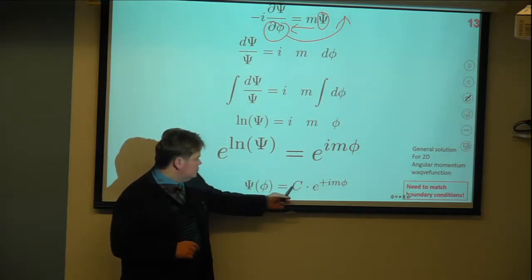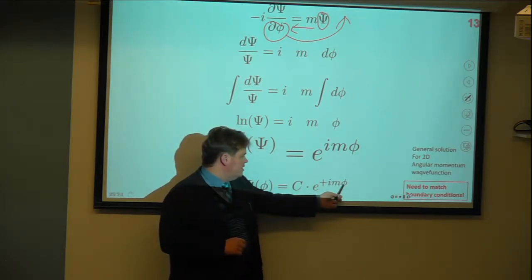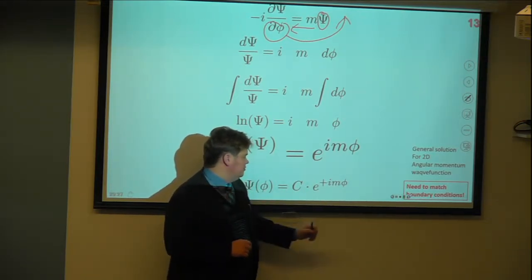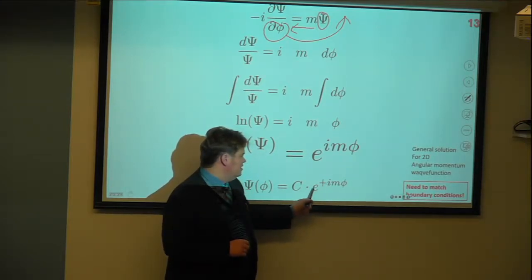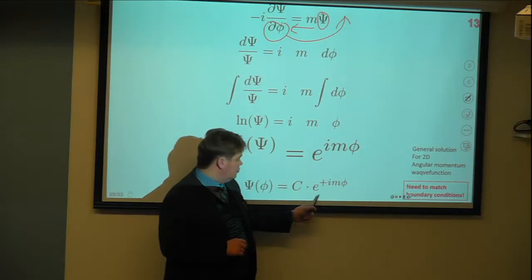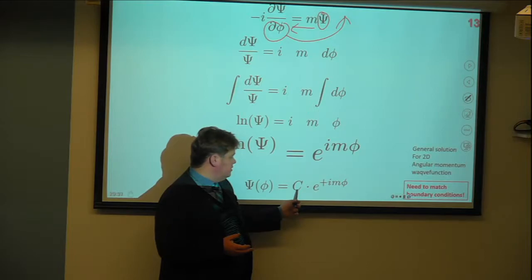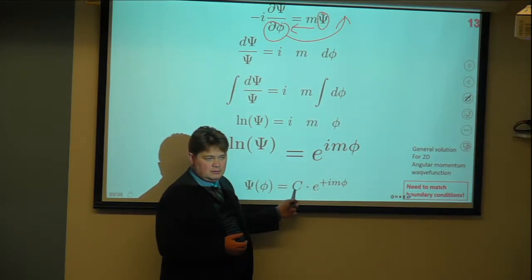Which letters are not known in this expression? So phi is the independent variable, we do not need to know it. I is known, E is known. Your coefficient. So we need the eigenvalue, which we haven't found yet, and we need the normalization constant. Right?